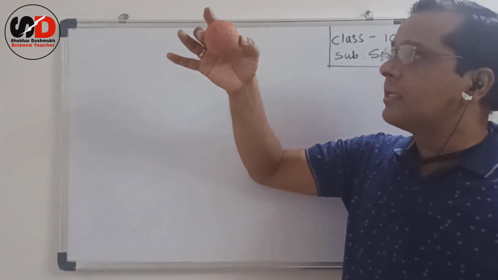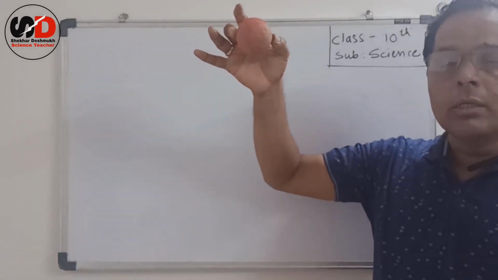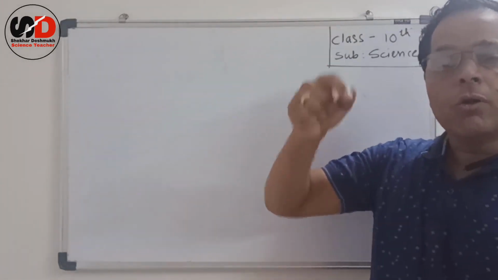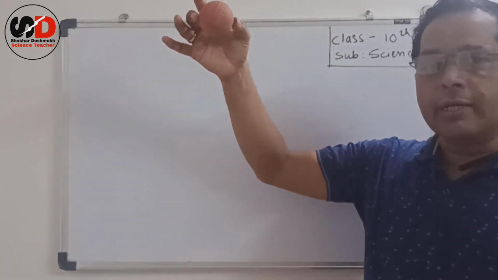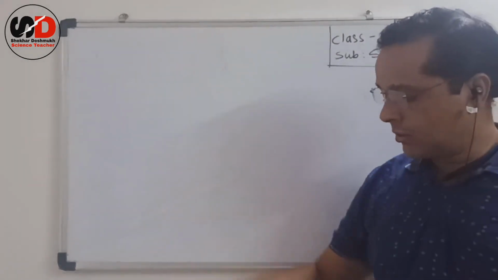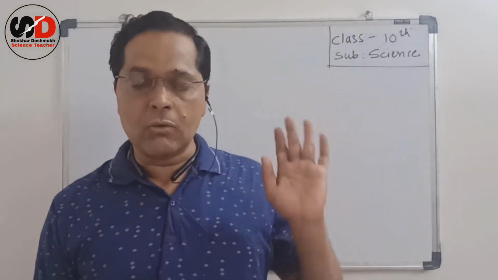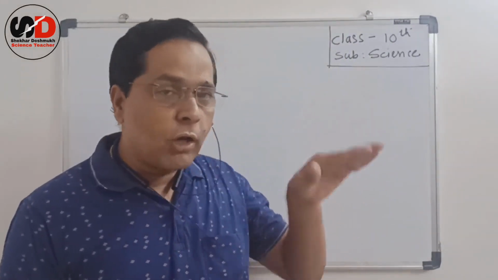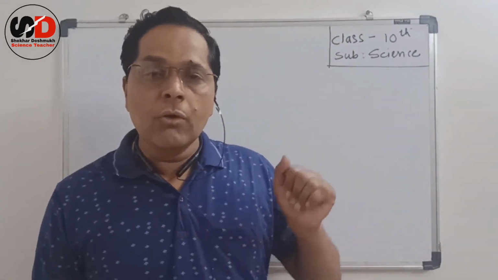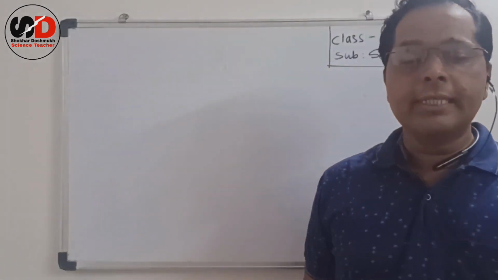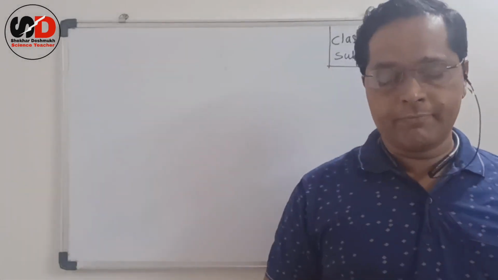If I release this ball, then what would happen? Observe it. So what is your observation? The ball falls down. But while falling down, which forces are acting on that ball?